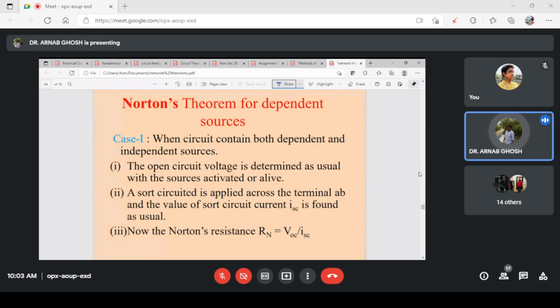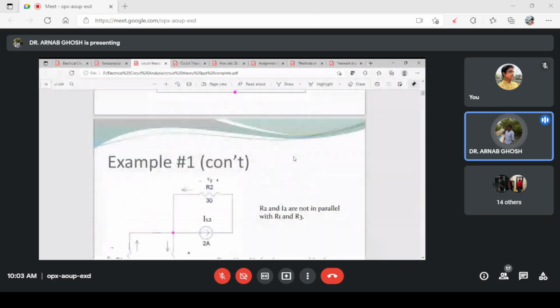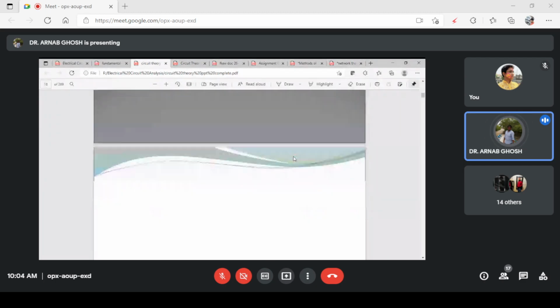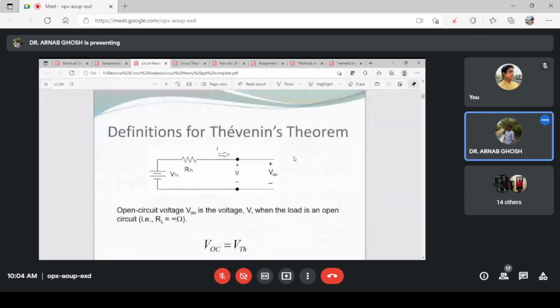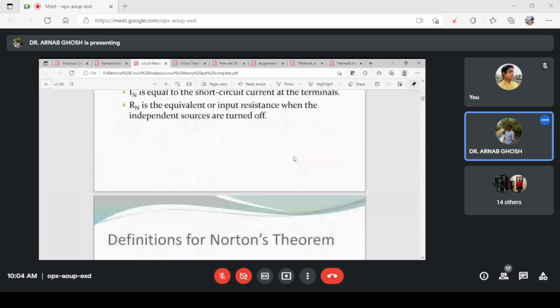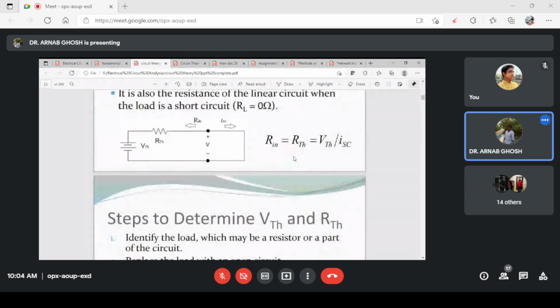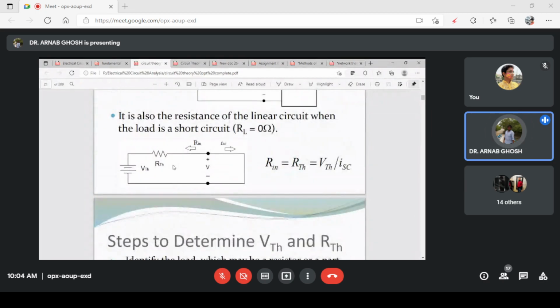Okay, so I will just show you what I mean by the duality of these two theorems. As I said, this was your equivalent circuit for Thevenin's theorem.